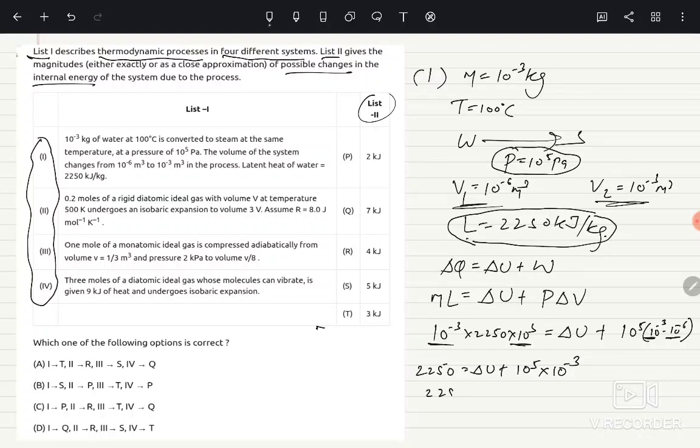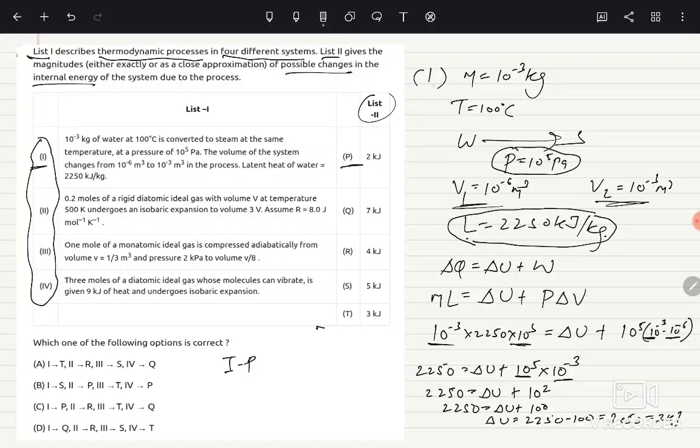So 2250 equals delta U plus 10 to the power 5 into 10 to the power minus 3, which is 10 to the power 2, that is 100. So delta U is 2250 minus 100, which is approximately 2050, which can be written as 2 kilojoule. So the first one matches with P itself.